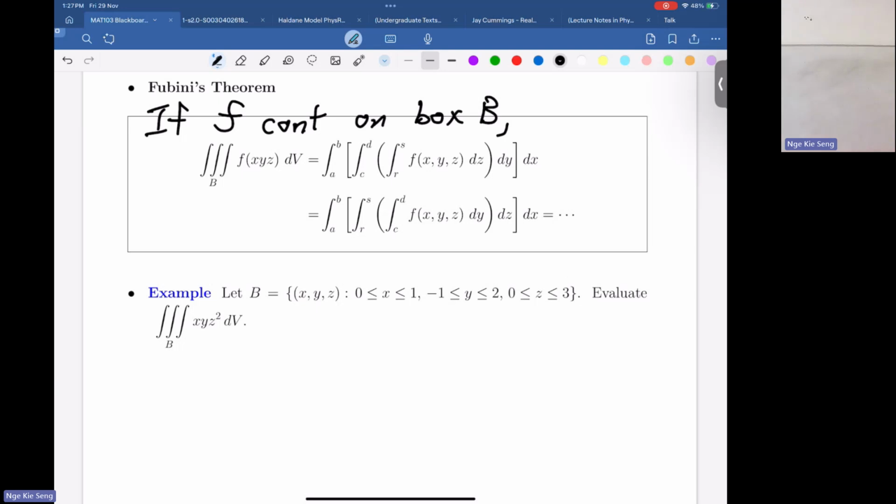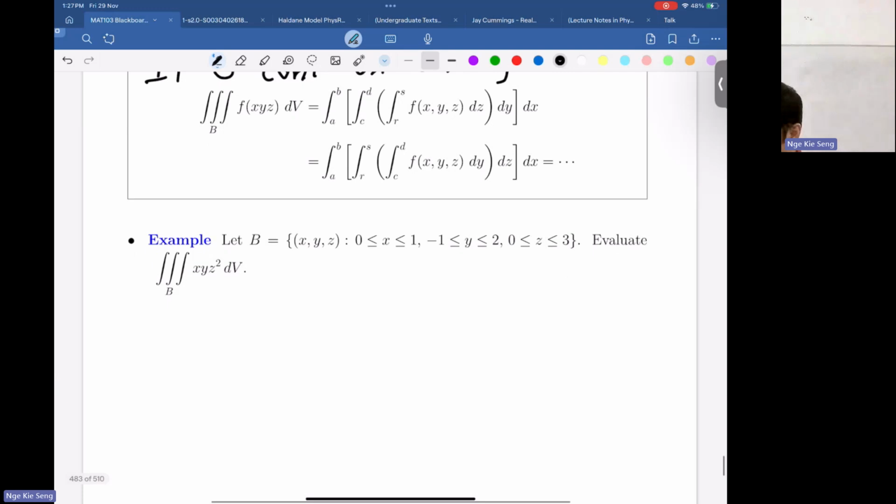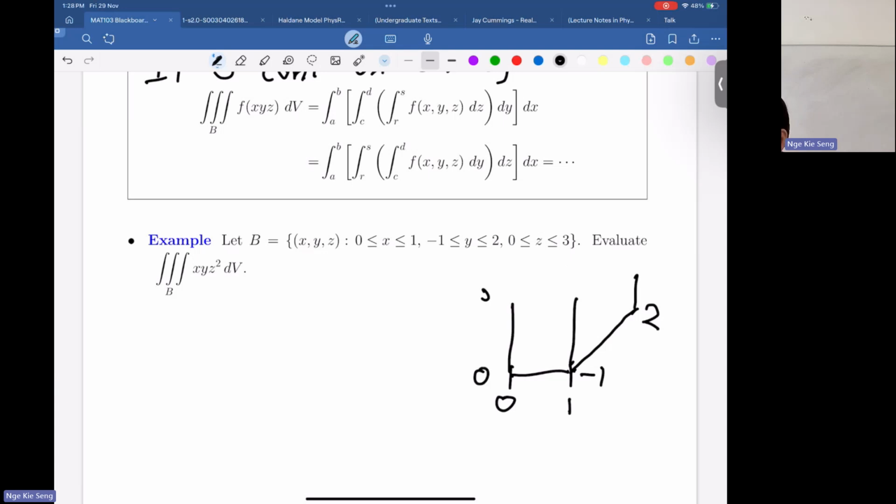You can imagine you can extend this Fubini to different n, higher dimension n. So what's this box? In the x direction, it's going from 0 to 1. In the y direction, it's going from -1 to 2. In the z direction, it's going from 0 to 3, like this.